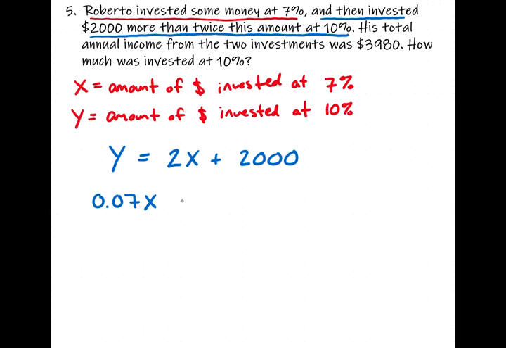And then the amount earned from the second investment, the 10% one, would be 10% of the amount, which is 10% of Y, or 0.10 times Y. So remember, if we're going to use percentages in a problem, 7% is equal to 0.07, and 10% is equal to 0.10.